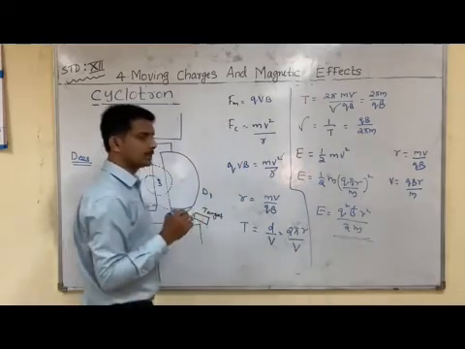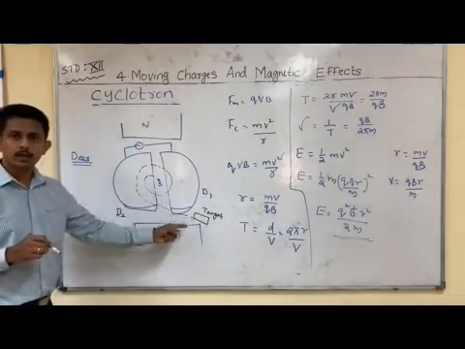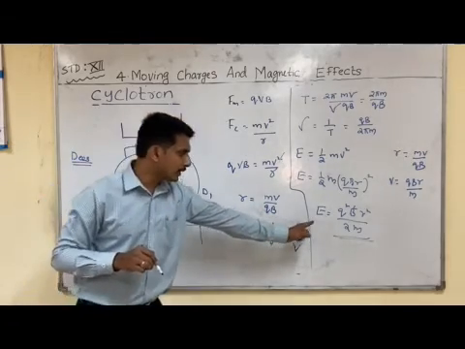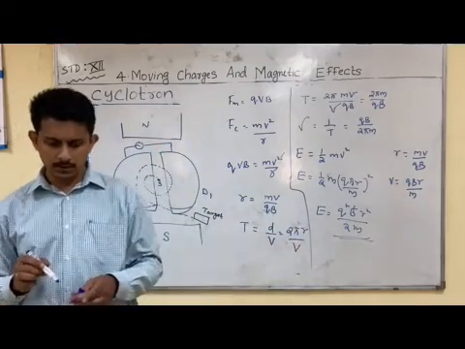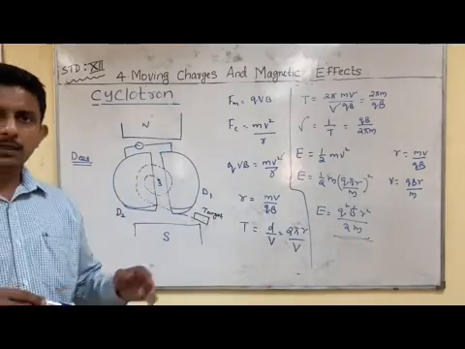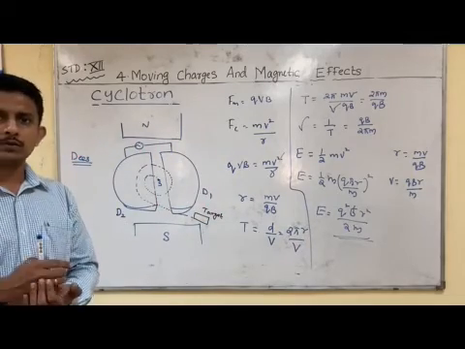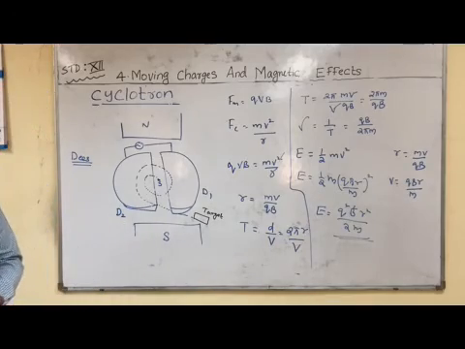This is the maximum energy acquired by the charged particles moving in a circular path, and the particles are accelerated in this way in a cyclotron. So the cyclotron is used as a particle accelerator.